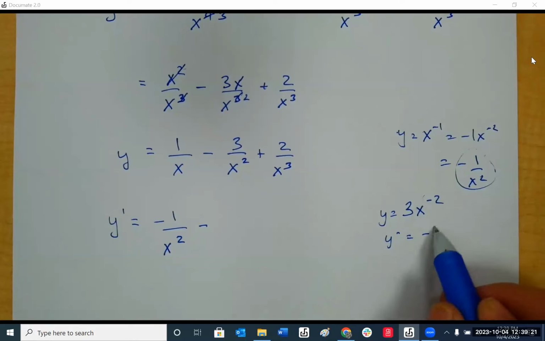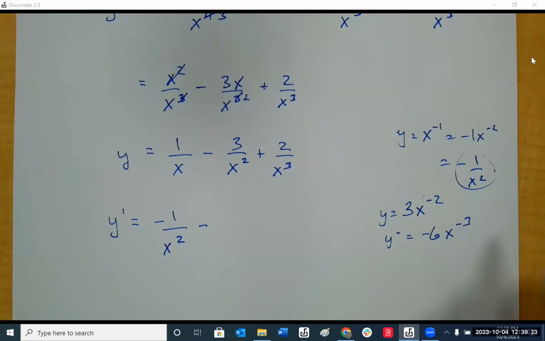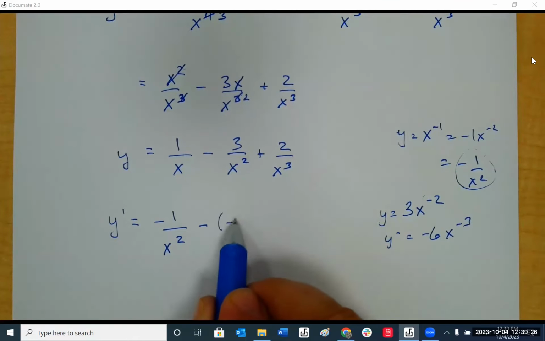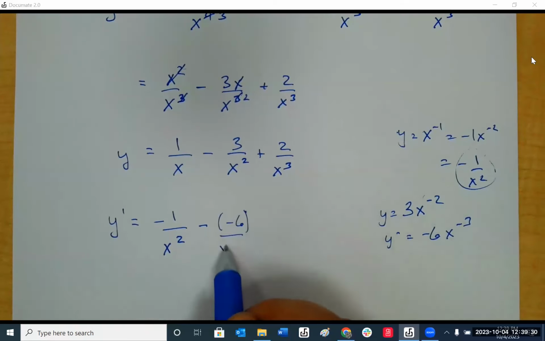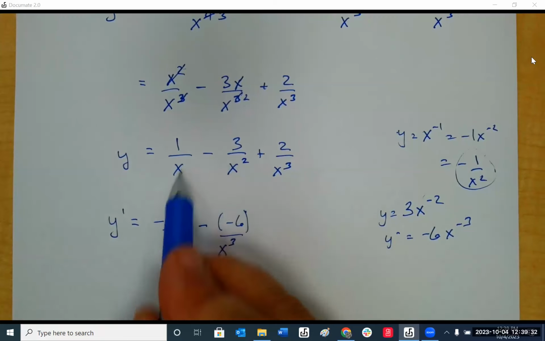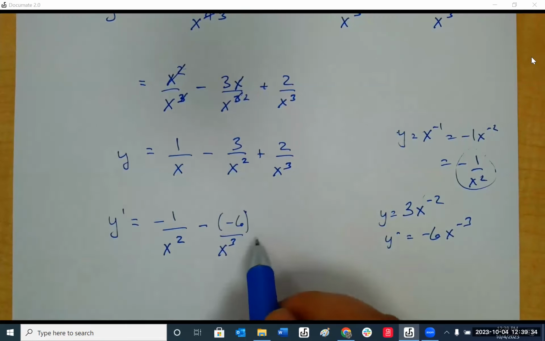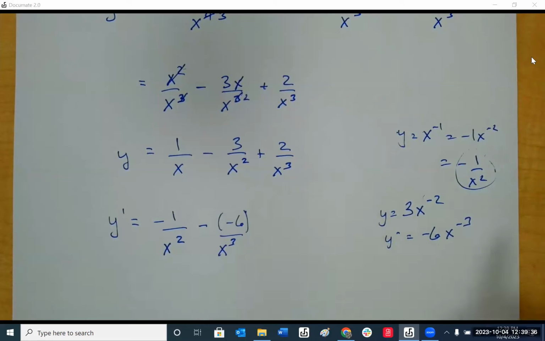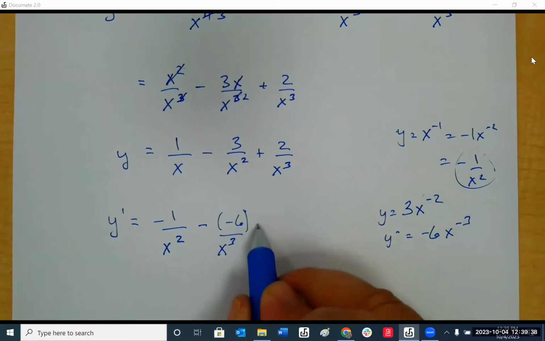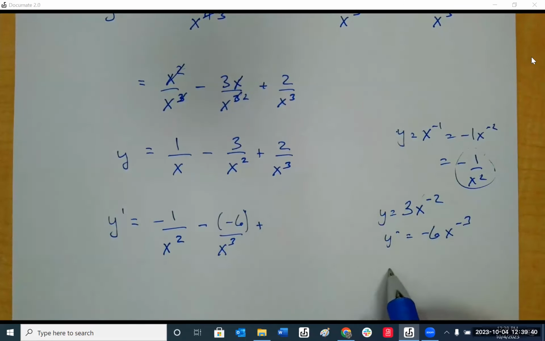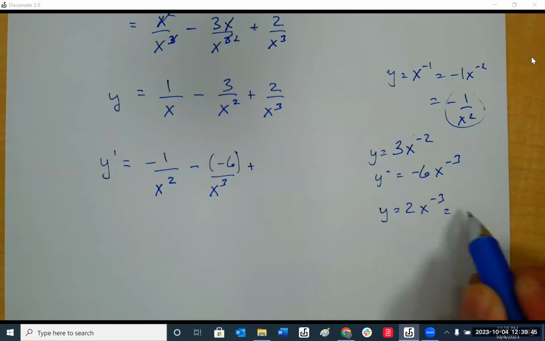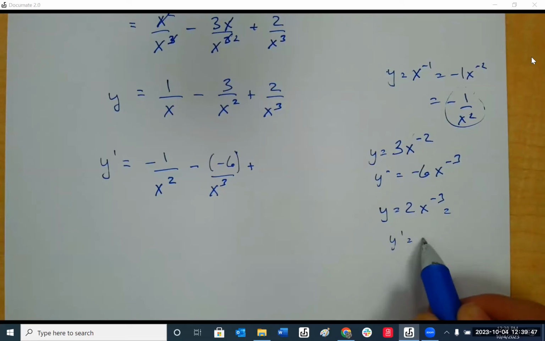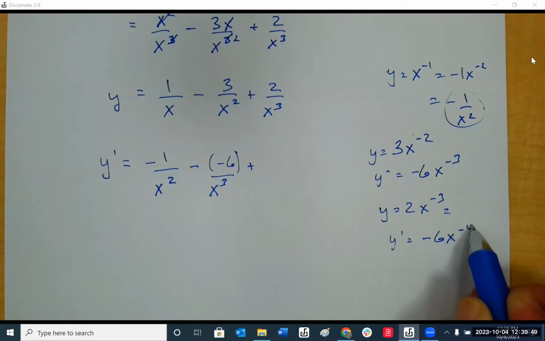Now bring that down, so it's -6. Six over x cubed. Remember, I told you the denominator just changes by 1. Which would be -6 x to the -4.